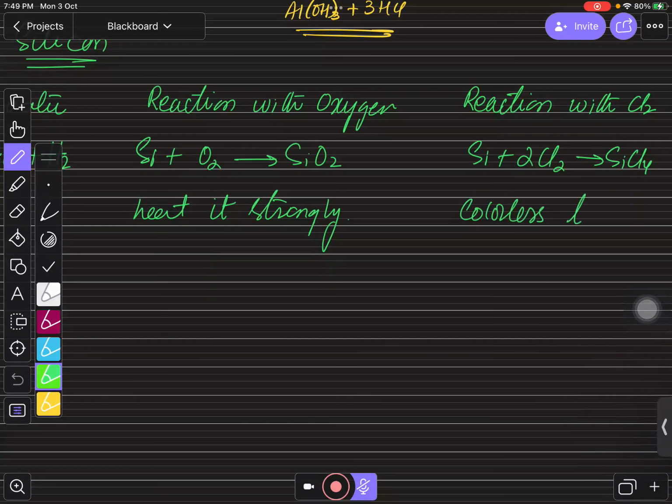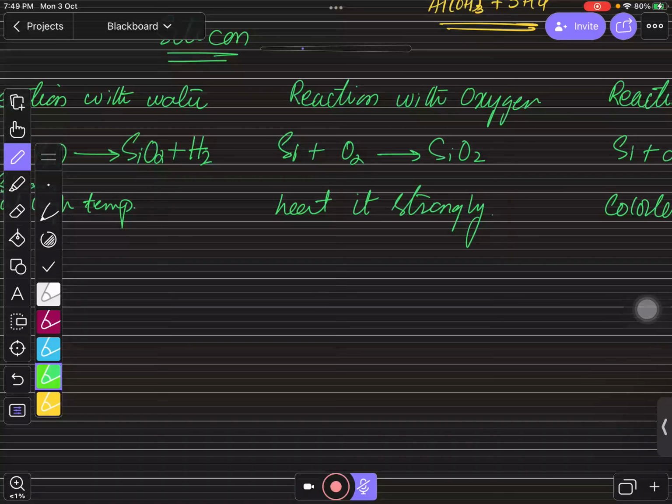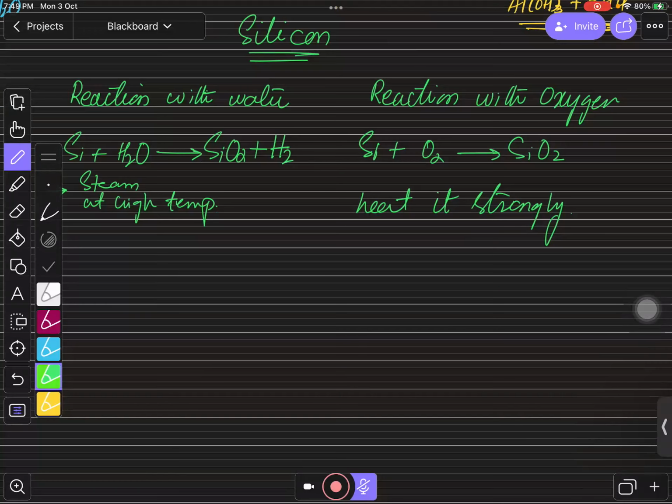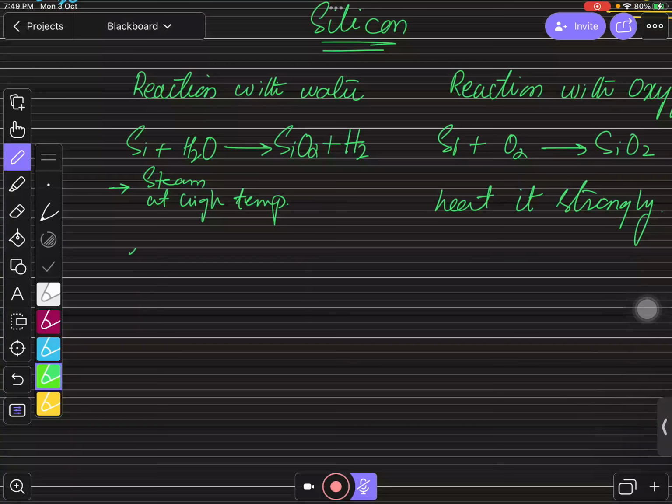Right, this is what you need to understand. You need to remember, if you talk about silicon dioxide, silicon dioxide is actually a giant covalent structure.